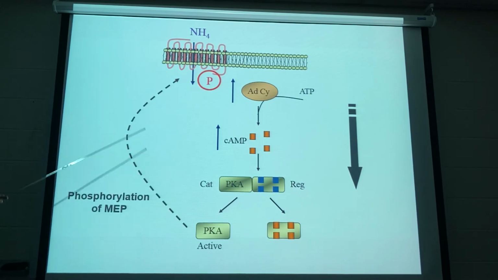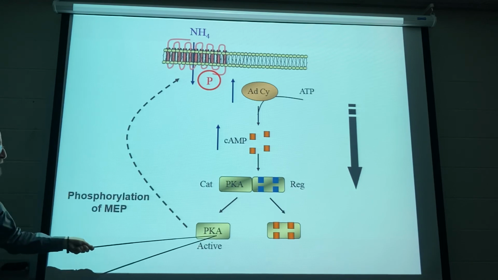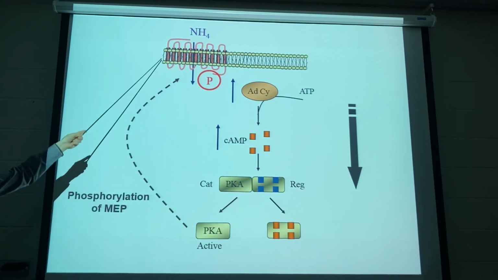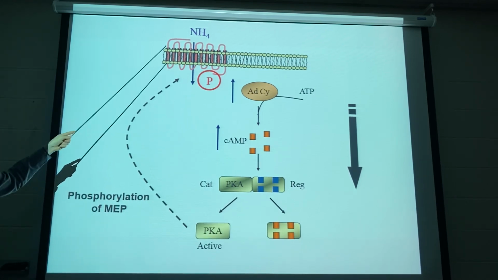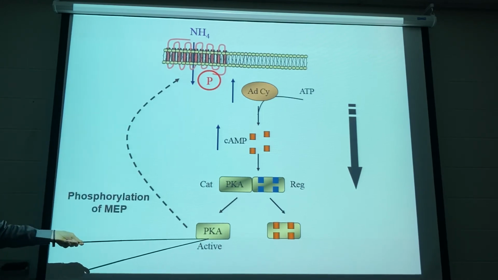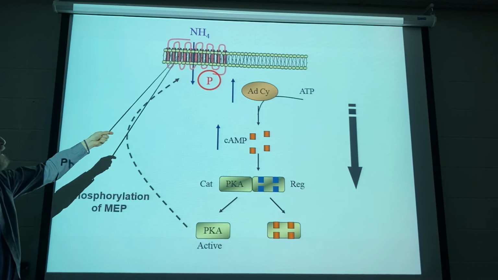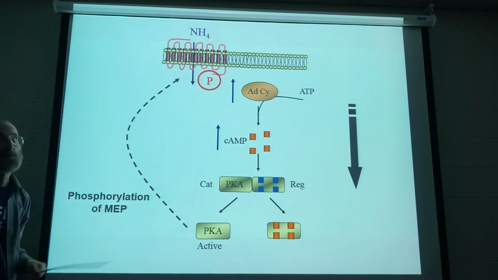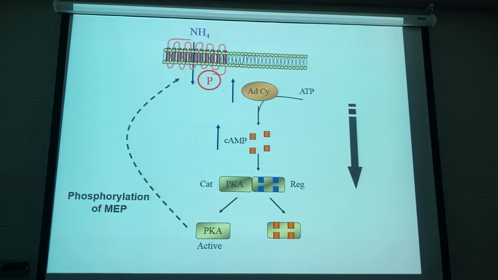And the key is that what it looks like is, in order for the ammonium transporter to carry out its function appropriately, you need to have an active PKA, and you need to have the ability of your ammonium transporter to be phosphorylated by PKA.